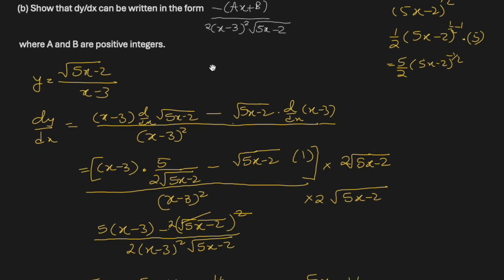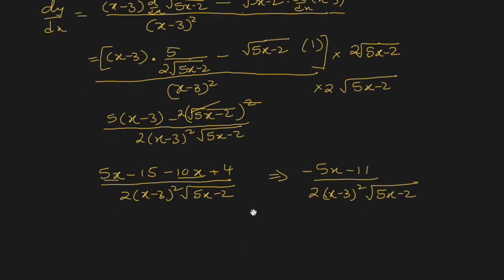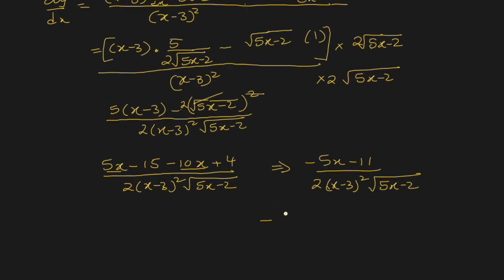So I take minus common and get ax plus b: if I take minus common here, we get 5x plus 11, because minus is out of both, and the denominator is matching, so we don't have to worry about it. So our a is 5, b is 11.